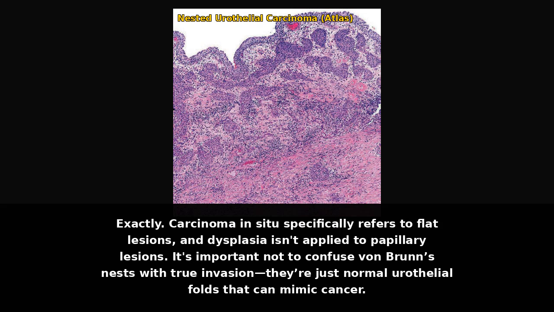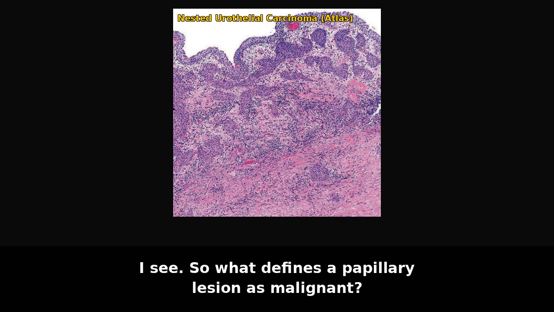Carcinoma in situ specifically refers to flat lesions, and dysplasia isn't applied to papillary lesions. It's important not to confuse von Brunn's nests with true invasion. They're just normal urothelial folds that can mimic cancer. I see. So, what defines a papillary lesion as malignant?